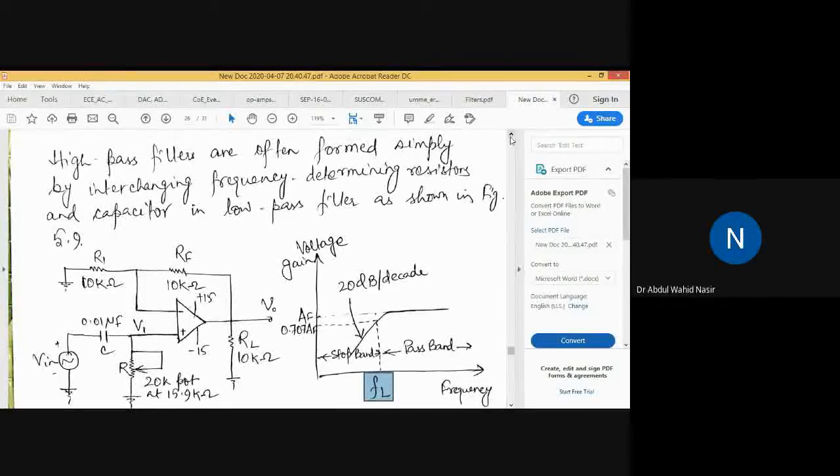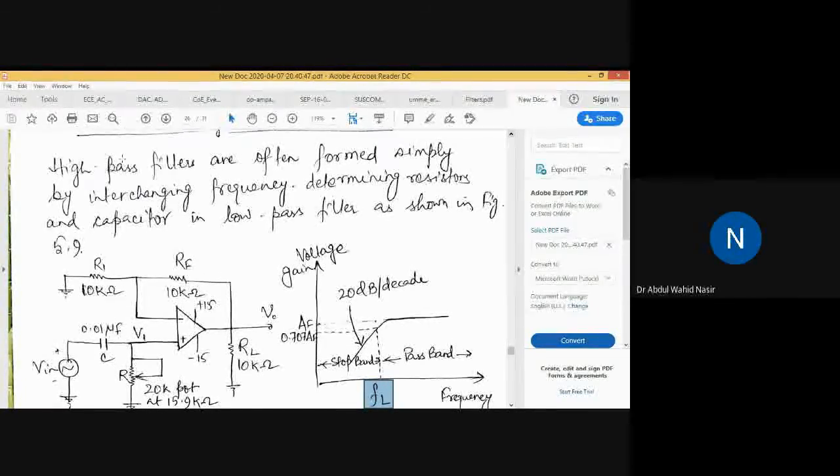This is another type of filter. High pass filters are often formed simply by interchanging the frequency determining resistors and capacitors in a low pass filter, as shown in the figure. You know the circuitry of a first order low pass filter: we need an RC network.